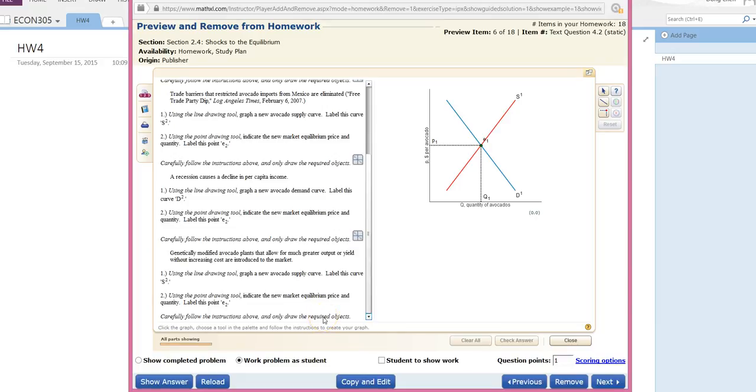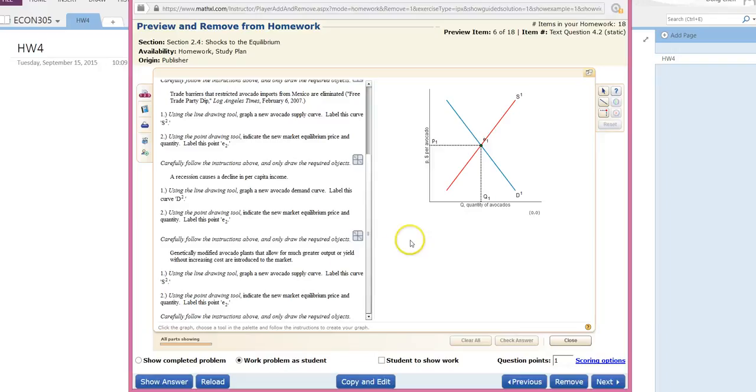So do we have another scenario? I believe so. Genetically modified avocado plants that allow for much greater output or yield without increasing cost are introduced to the market. Obviously this is a supply shock, because with this genetically modified technology, we can produce more avocados at the same cost.